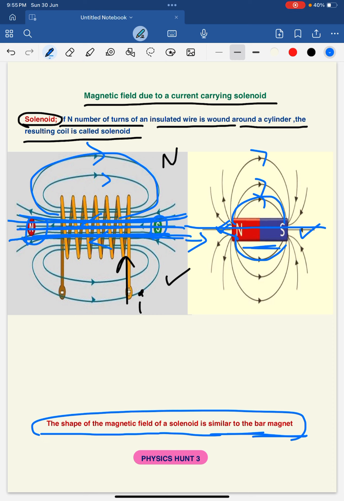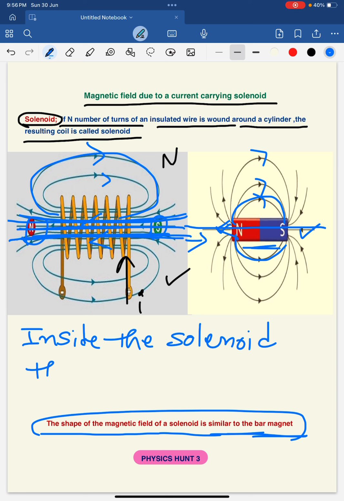These magnetic field lines are uniform and strong. So inside the solenoid, the magnetic field lines are strong. So this is about the solenoid case.